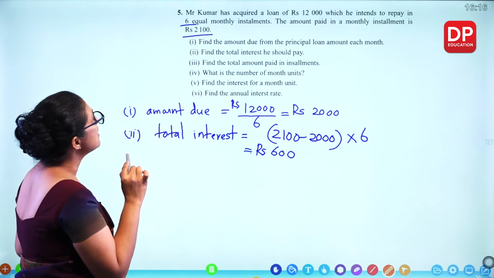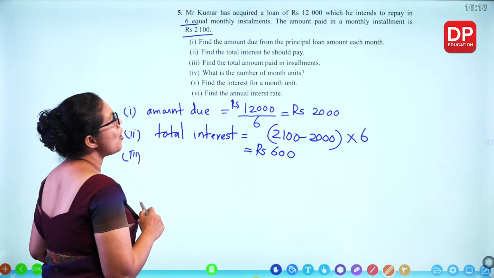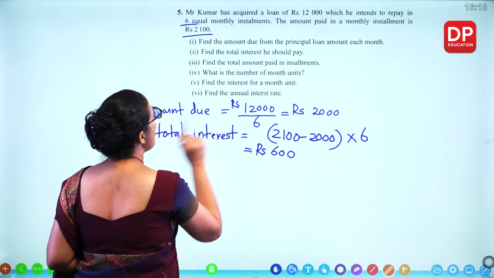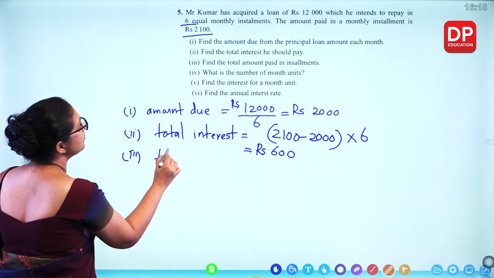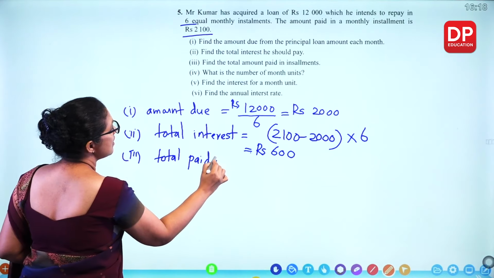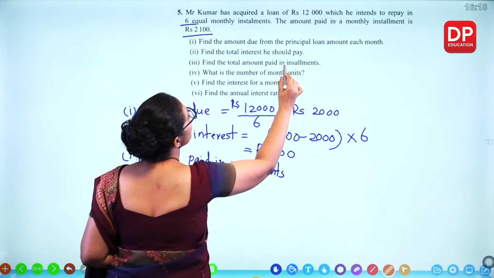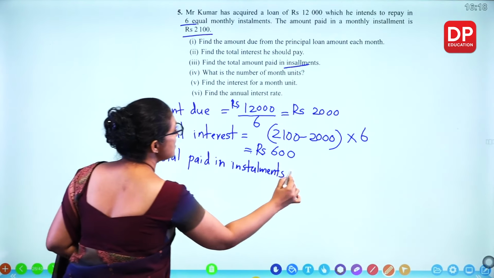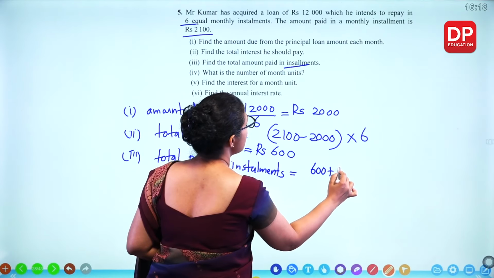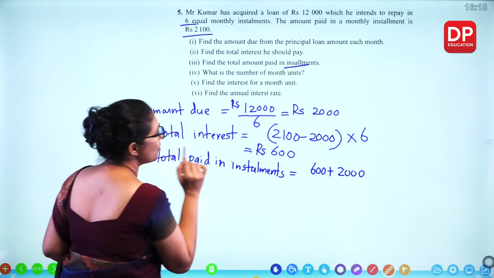That's the total interest. Then the third part, find the total amount paid in installments. So this is the total interest and this is the amount due. So total paid in installments is equal to 600 is the interest, total interest, plus 2000 is the amount due.